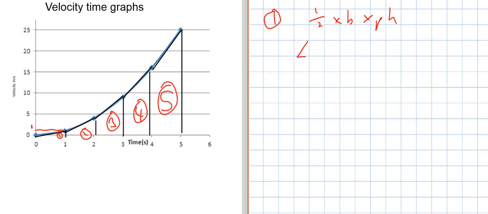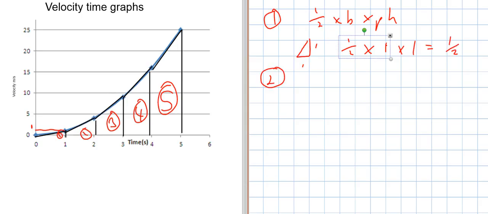It's usually helpful if you draw a little diagram for yourself so you are substituting the correct numbers in. So half times base, which is 1, times the height, which is 1, gives me an area of a half.